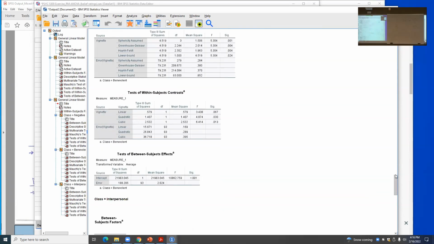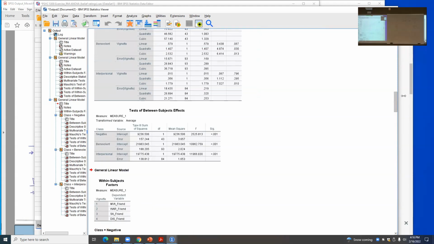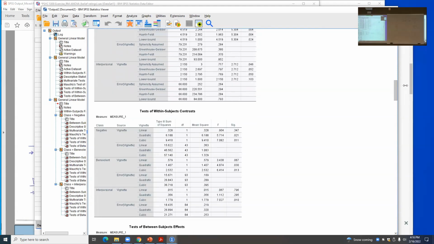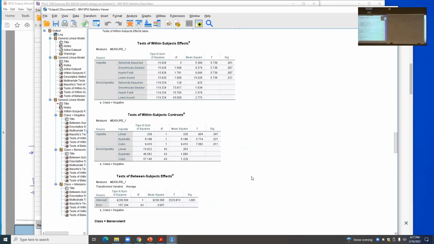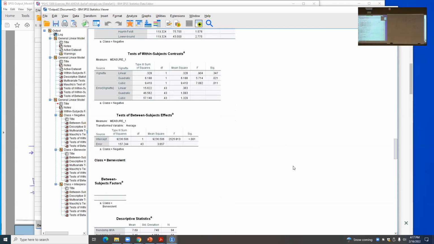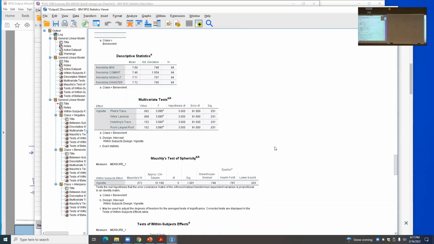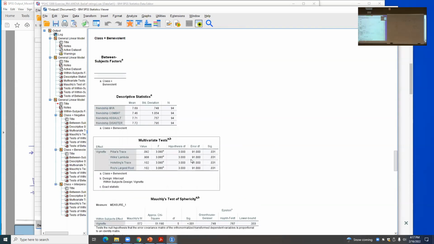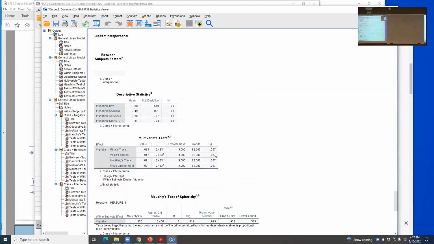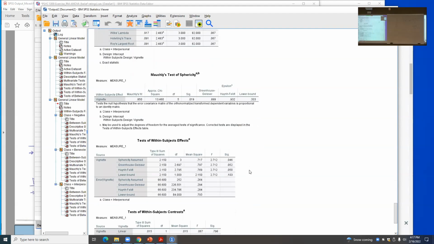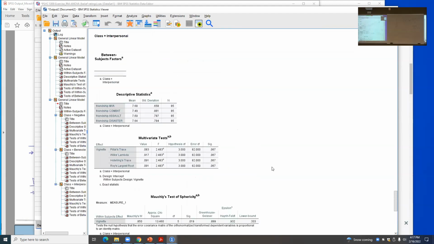If I take a look, and this isn't why I'm doing this, but if I was curious, I would see that yes, I have evidence for differences across vignette ratings for my negative group, and evidence for differences in my benevolent group, and maybe not differences in my interpersonal group.